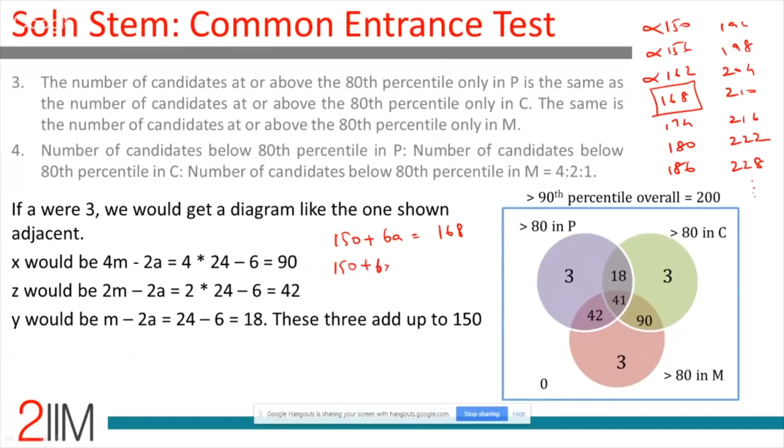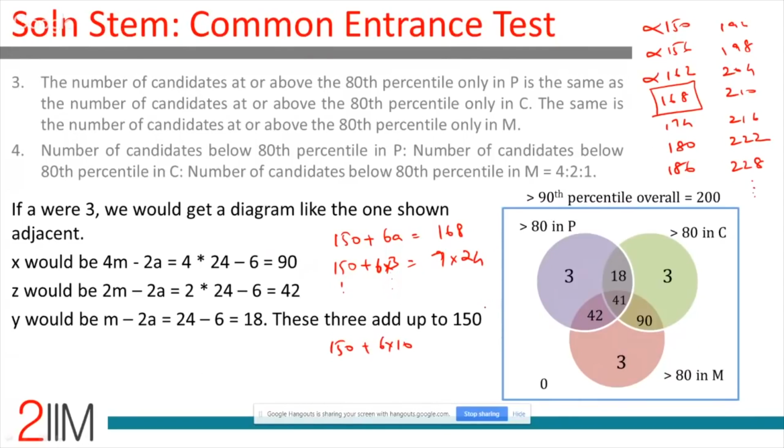150 plus 6 into 3 is 7 into 24. That's a possibility. And then I keep on adding multiples of 6. I need to get a multiple of 7. The next step that will work will only be 150 plus 6 into 10.